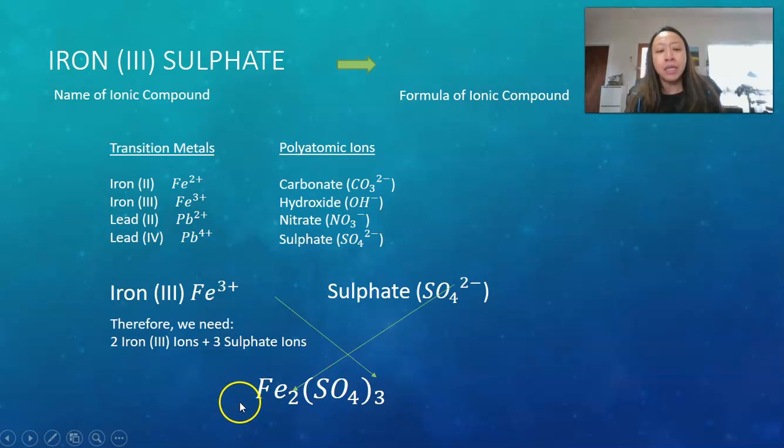Iron is written as Fe, and because we need 2 iron ions, we write 2 at the bottom. Sulfate is SO4, and whatever is in the bracket is the polyatomic ion. We need 3 of that, so it is written that way. So now we know that iron sulfate can be written as Fe2(SO4)3.